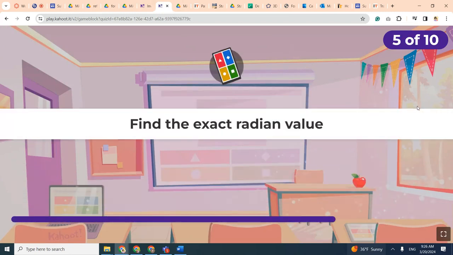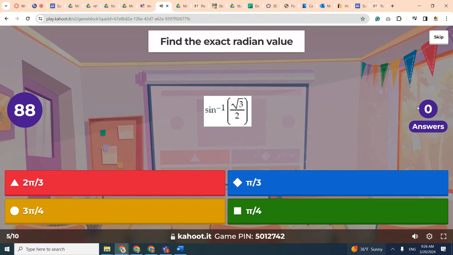Find the exact radian value. Which angle?